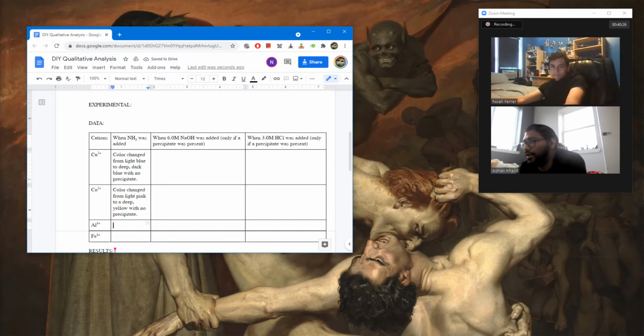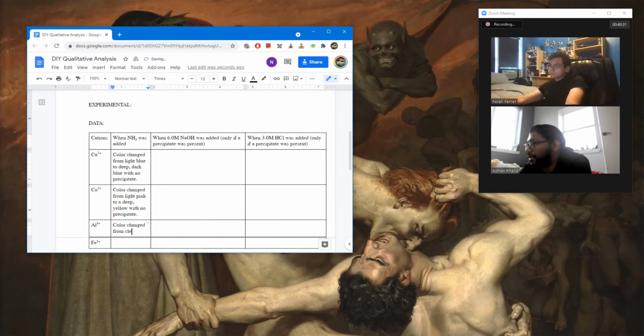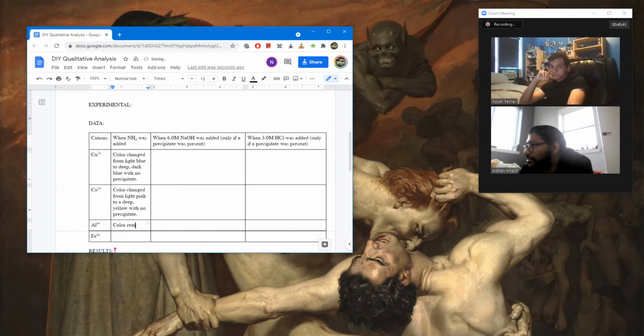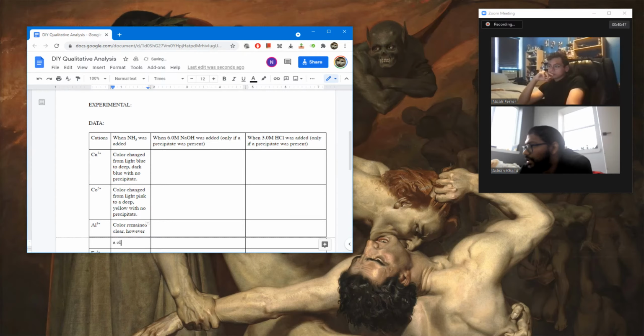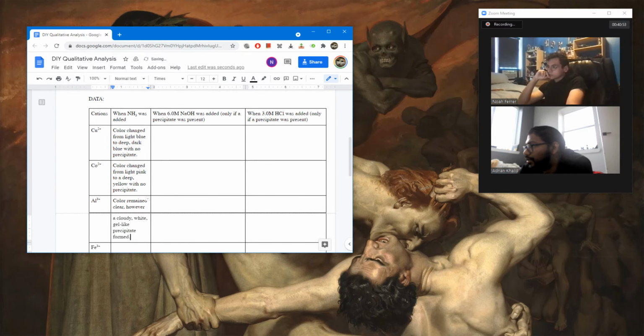And for aluminum, the color did not change. The color remained clear. However, a cloudy white gel-like precipitate formed.